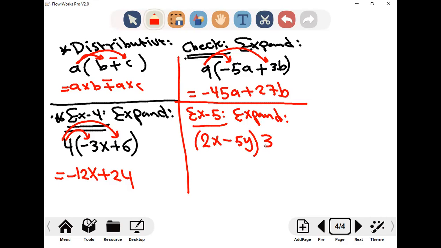Distribute the 3 inside the bracket by multiplication. 3 multiply 2x and 3 multiply negative 5y. So this is equal to 3 multiply 2x, 3 multiply negative 5. Can we do more? No, they are unlike. This is x and this is y, they have nothing to do with each other.